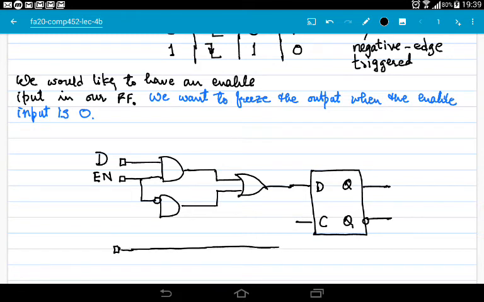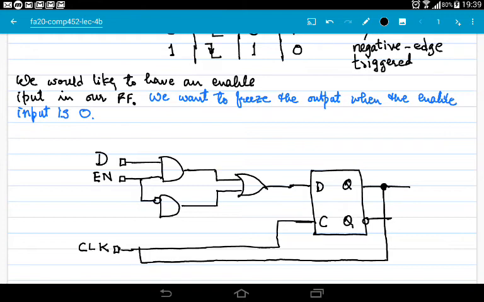It goes into the control input CLK, and now from here we bring the output of our flip-flop back into the lower AND gate.